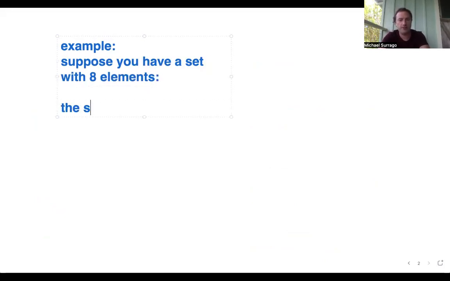The Shannon entropy, E sub 8, is going to equal the log base 2 of 8.